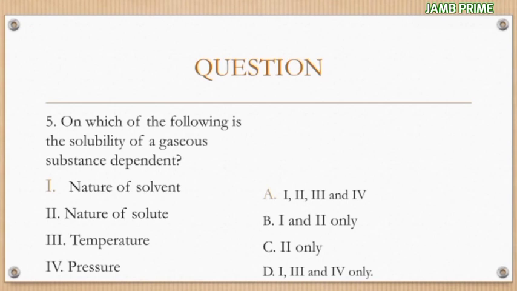From these options, you can see that 3 and 4 are correct. Then note the solubility of a gaseous substance depends on the nature of the solvent, not the nature of the solute. So that is why D is correct.